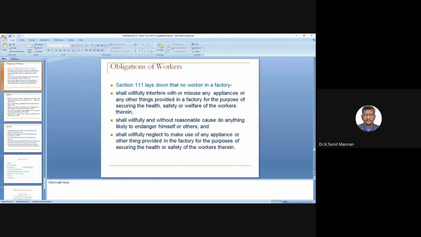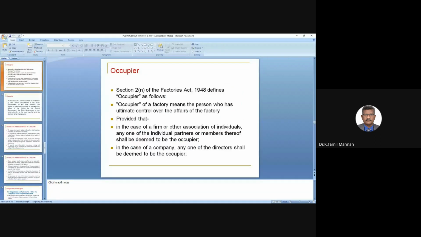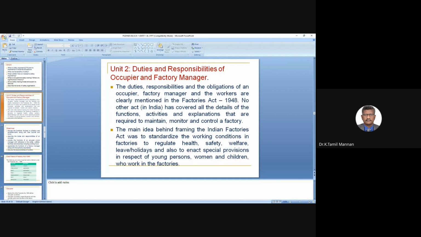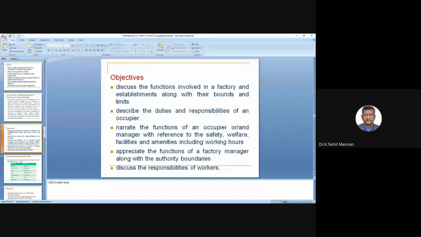So this unit is mainly focusing on the duties and responsibilities of the occupier and factory managers. Mainly the function of factory establishment, the bounds and limits, duties and responsibility of the occupier, and the function of the occupier and manager with reference to safety, welfare, facilities and amenities, including working hours, appropriate functions of the factory manager along with the authority boundaries, and the responsibility of the workers.